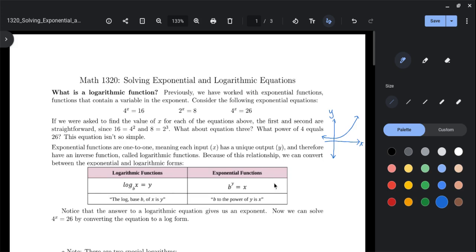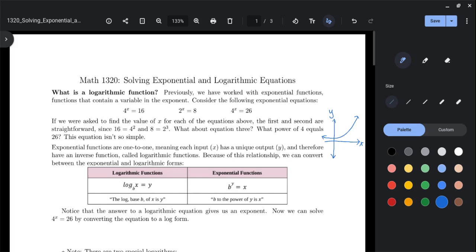And then for our exponential function, it's b to the power of y is equal to x. So the answer to a logarithmic equation is going to give us an exponent, as you can see from the conversion between these two forms. Y is the answer of our log function, and it is also the power in our exponential function.